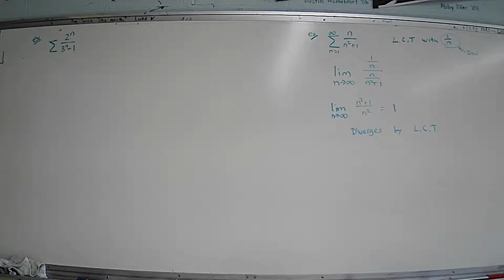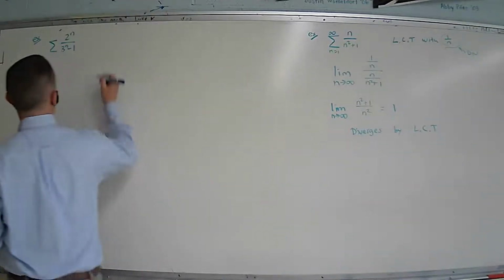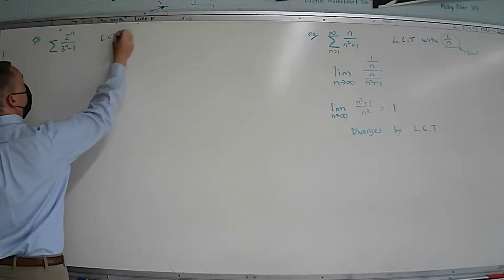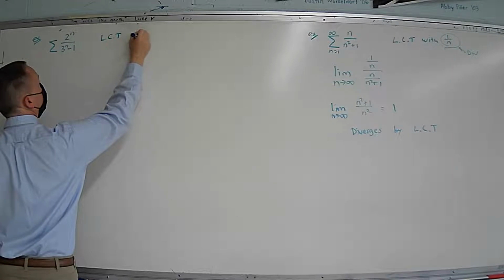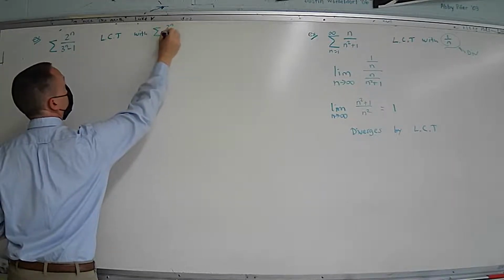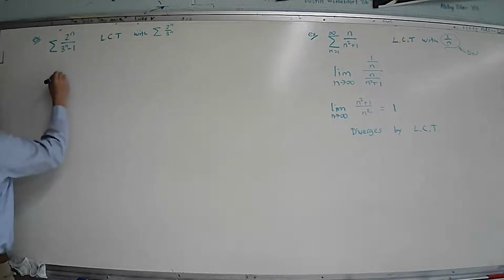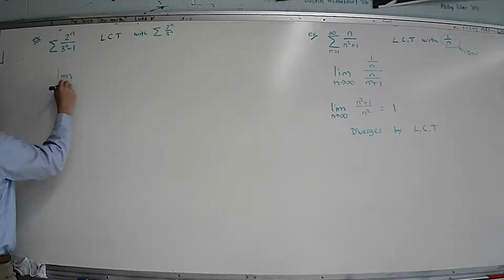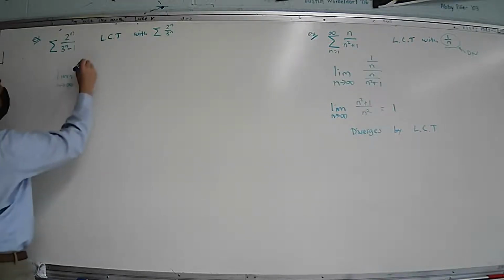This is actually bigger than (2/3) to the n, because the denominator is smaller. So we could just do the limit comparison test. We'll still do (2/3) to the n, but we'll just do this, so we don't have to worry about who's bigger, who's smaller.